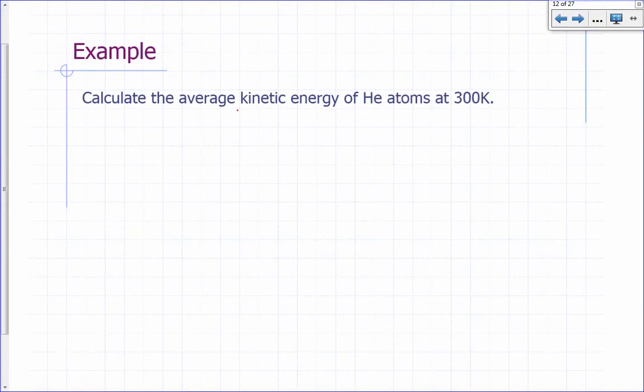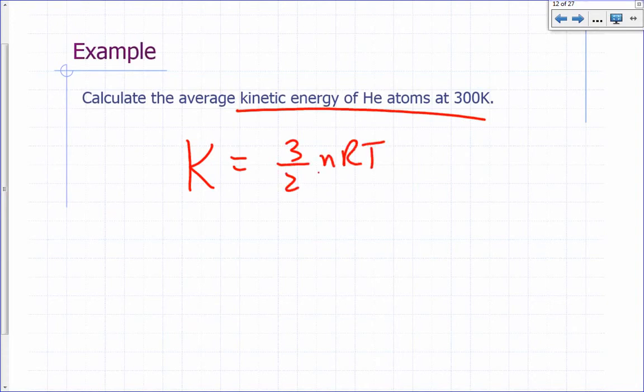Let's calculate the average kinetic energy of helium atoms at 300 Kelvin. So kinetic energy is 3 halves nRT. That's a total, right? If you want per mole, you divide by number of moles. That will give you per mole. If you want per atom, you divide by Avogadro's number.